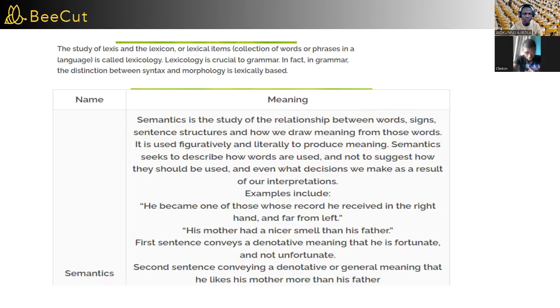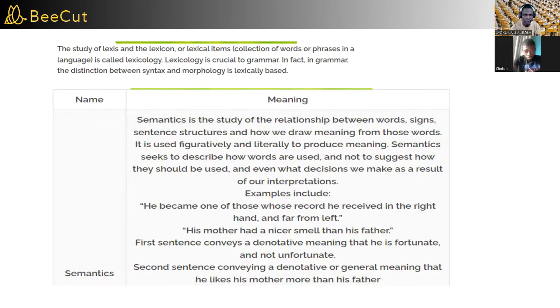The first sentence conveys a denotative meaning that he is fortunate and not unfortunate. He's not talking about the right hand and left hand this time around. He's talking about the person being a fortunate person and not an unfortunate person.